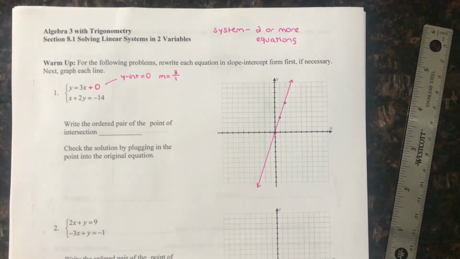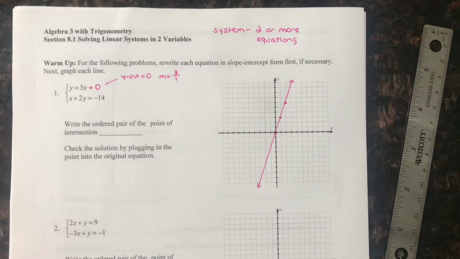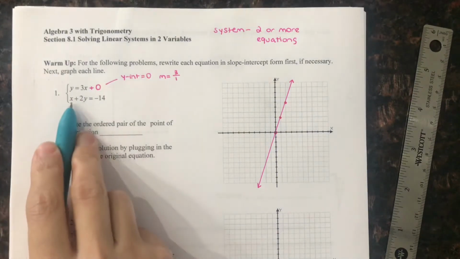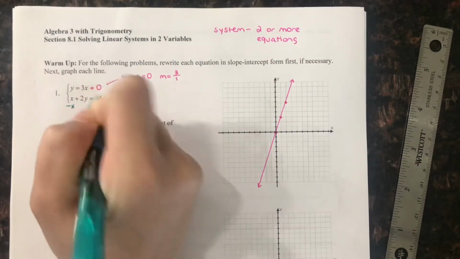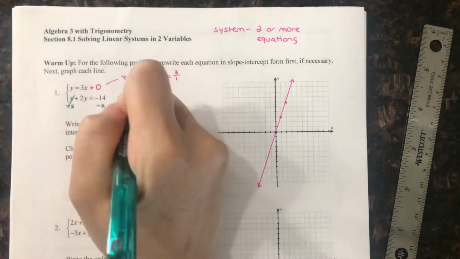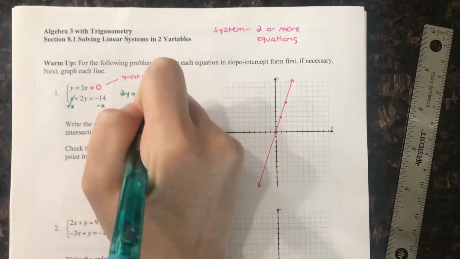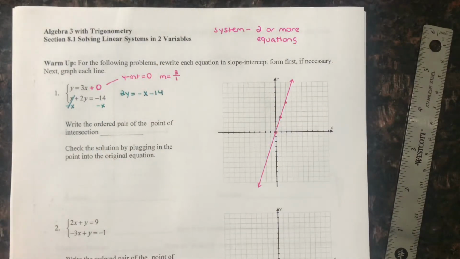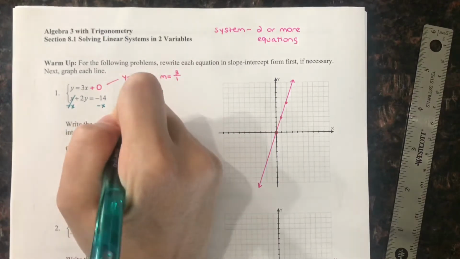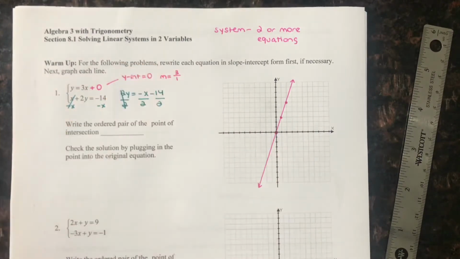Okay? So now we're going to take a look at the second equation, which is not in slope-intercept form. So what we want to do first is move the x over to the other side. We've got 2y equals negative x minus 14. And to get y by itself, we divide by 2 to cancel that out.